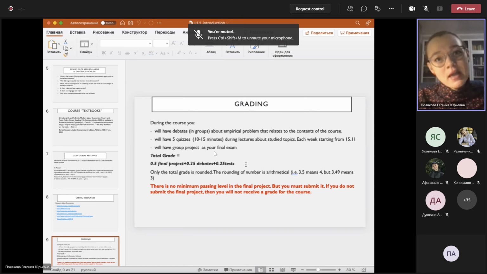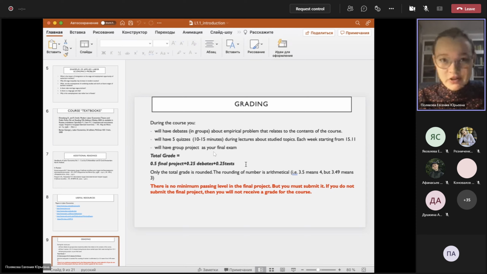There are three main parts of the grade. We cancel the homework about econometrics, because we do not have an offline course and we have people from different backgrounds. We still learn it and discuss it, but we do not have homework based on it.